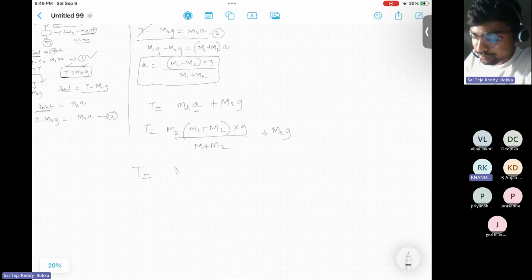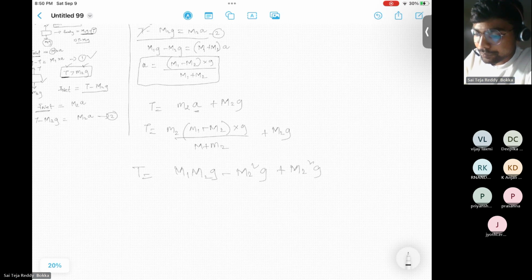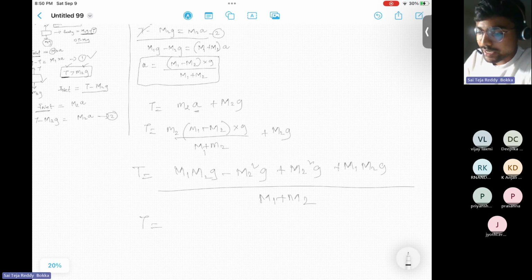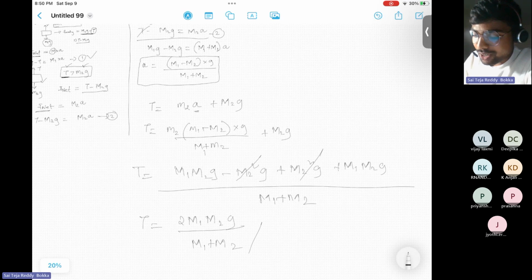T is equal to M1 M2 G minus M2 square G plus M2 square G plus M1 M2 G by M1 plus M2. So minus M2 square G plus M2 square G will be cancelled now. So after that, what we are getting, 2 M1 M2 G by M1 plus M2. So this will be your tension.